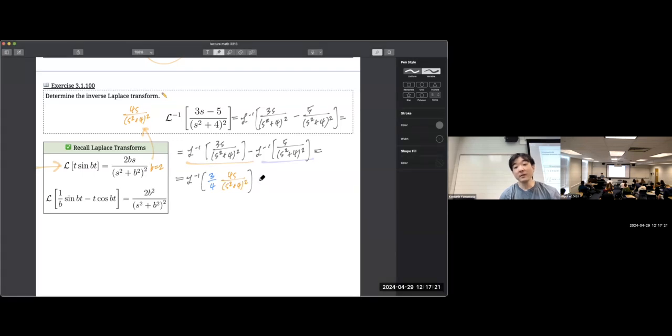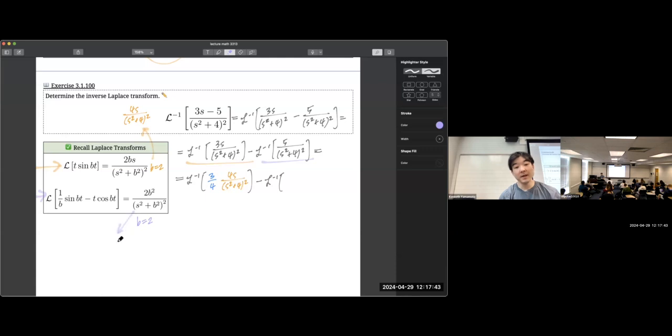And then let's do the other one, the inverse Laplace transform of this right here. So of course, now you're probably like, I'm going to look at the second one for this one. This one doesn't have an s on the top, it just has a 5. But even though there's a 5 on the top, what does the b have to be? Yeah. Again, it has to be 2 because you need this 4 on the bottom.